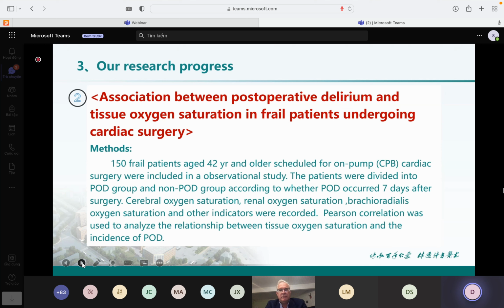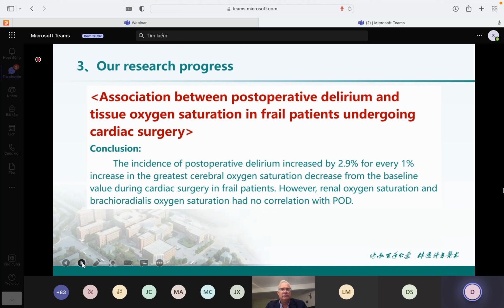The patients were divided into POD group and non-POD group according to whether POD occurred 7 days after surgery. Cerebral oxygen saturation, renal oxygen saturation, brachioradialis oxygen saturation and other indicators were recorded. Pearson correlation was used to analyze the relationship between tissue oxygen saturation and the incidence of POD.